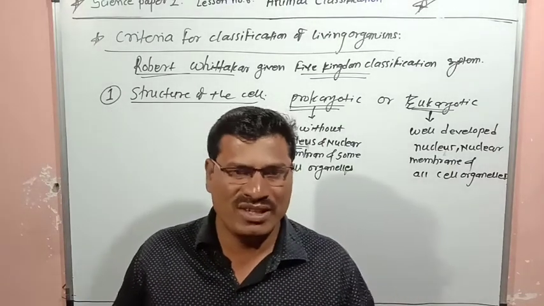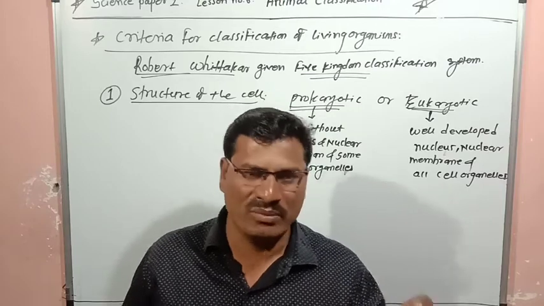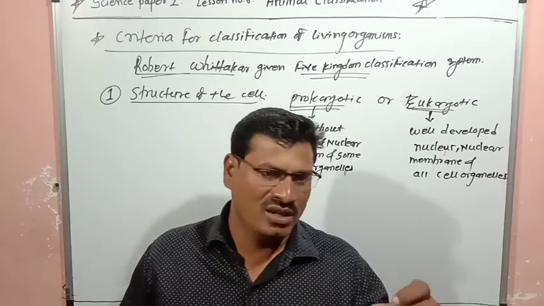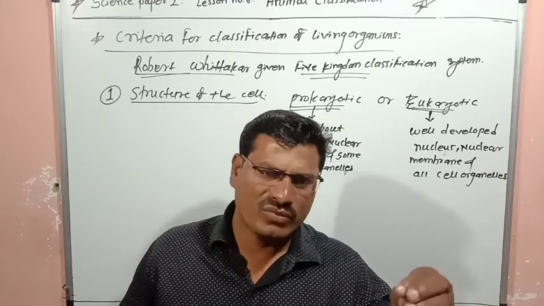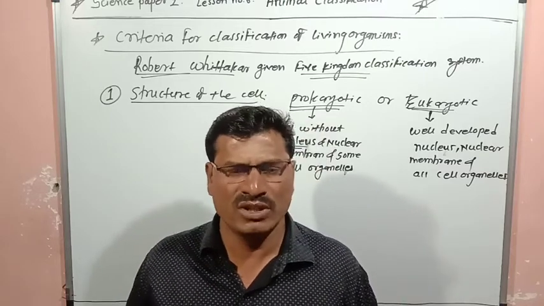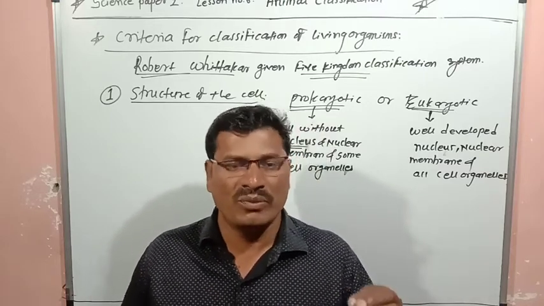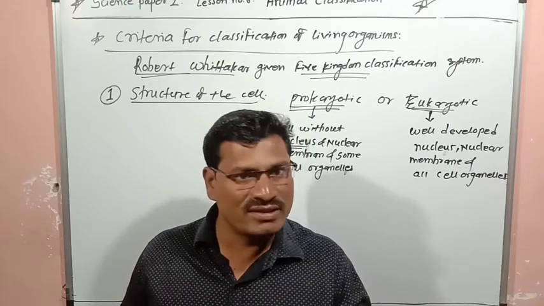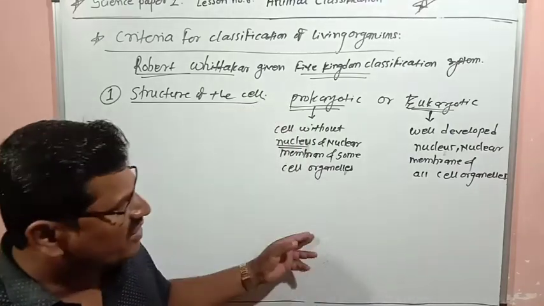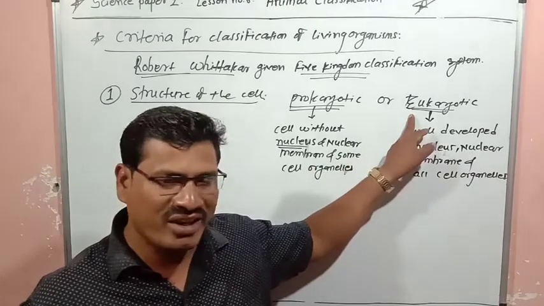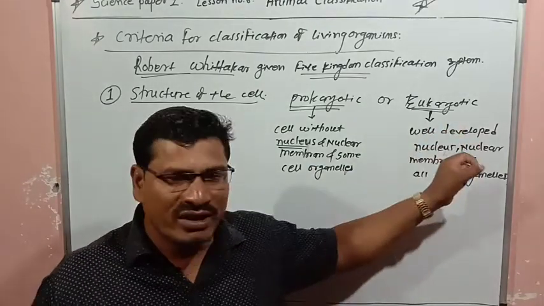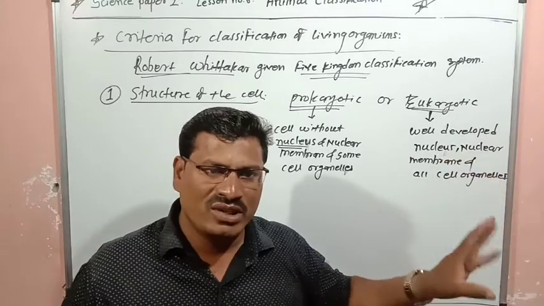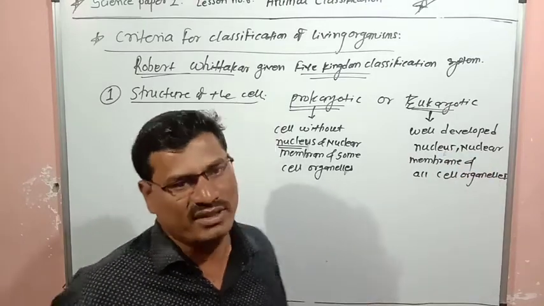Endoplasmic reticulum, Golgi complex, mitochondria, nucleus, vacuoles, lysosomes and plastids. In a eukaryotic cell all these cell organelles are present, as well as a well developed nucleus.